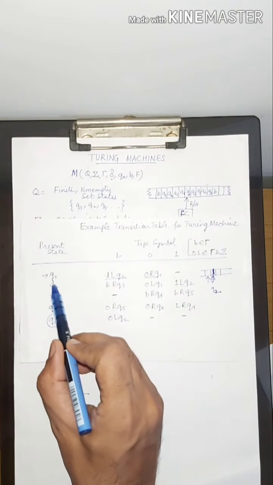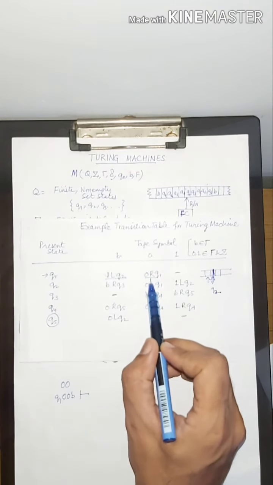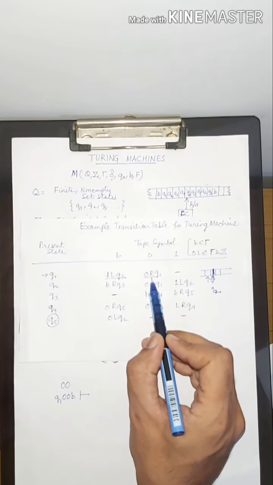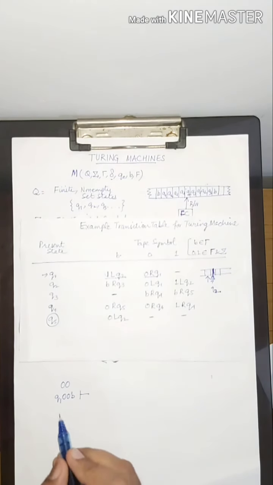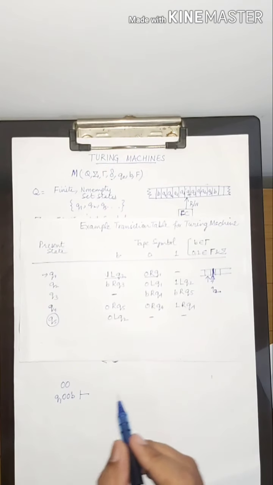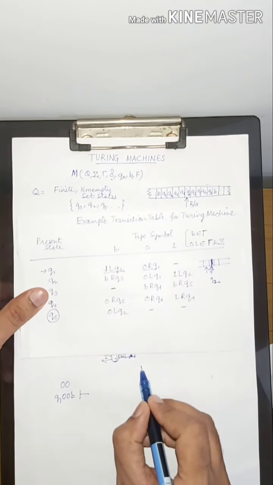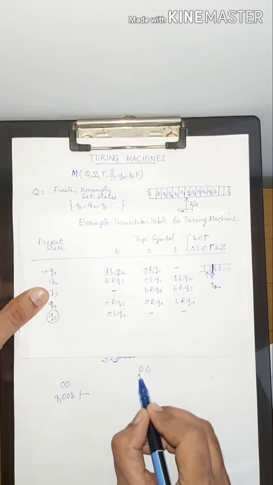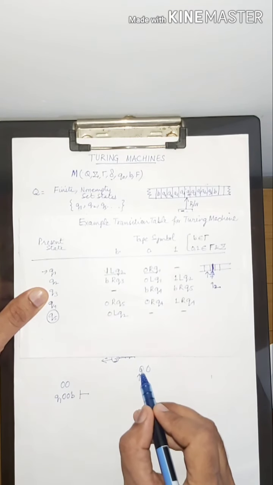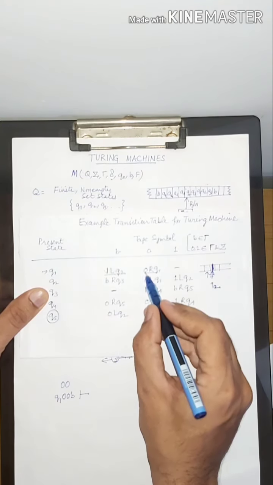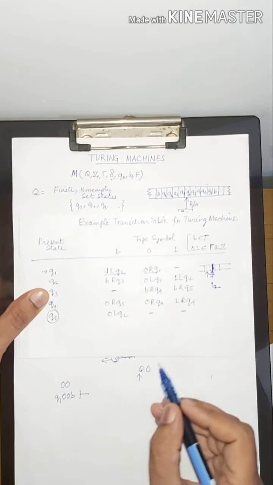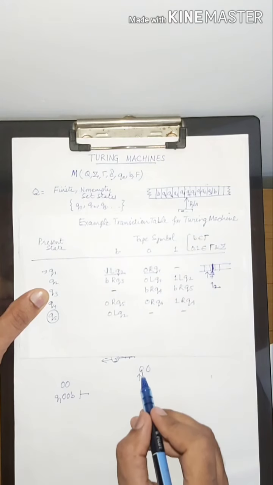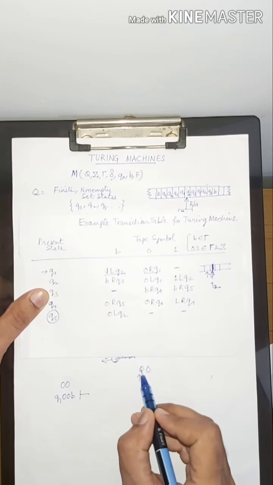So with the Q1 state and symbol 0, we will refer to this move as 0, R, Q. At present the machine is like this, the head is here, this symbol will be removed, and instead of it the symbol written will be 0, right? By chance this is the same, so 0 will be removed and 0 will be written again, so there will be no change in this.